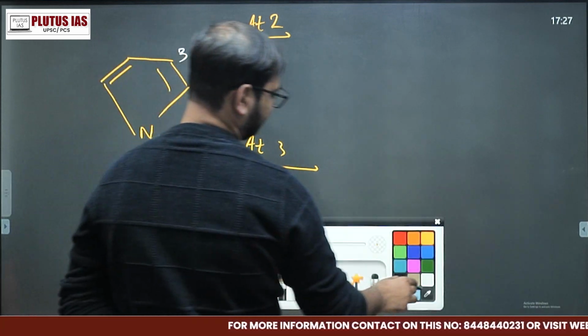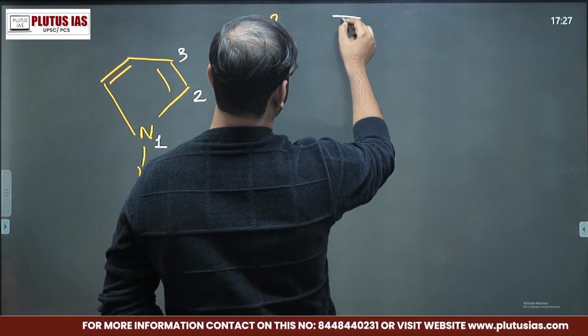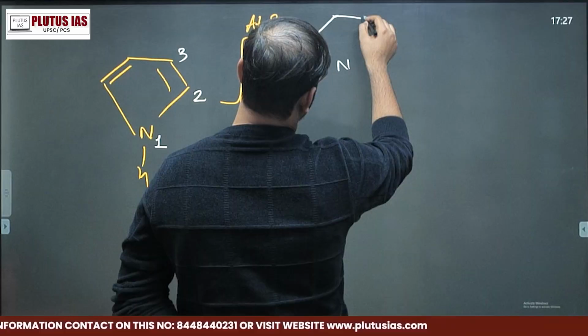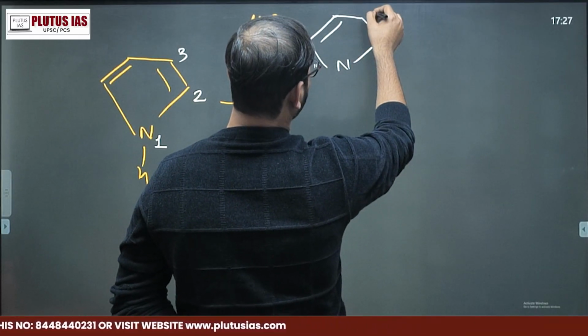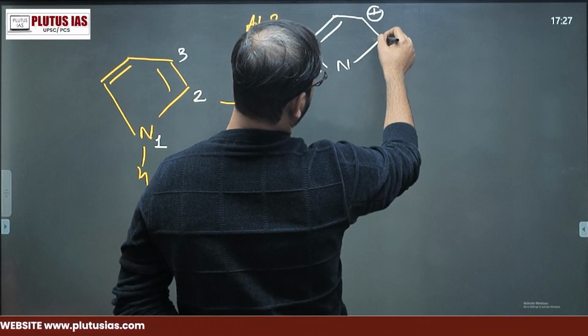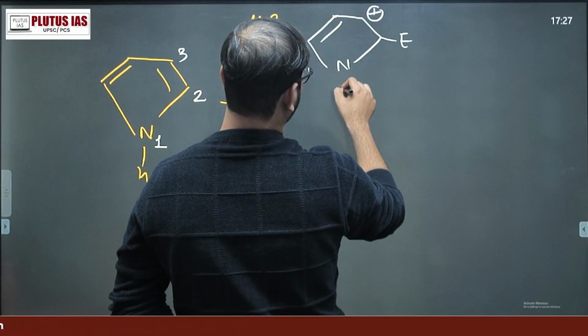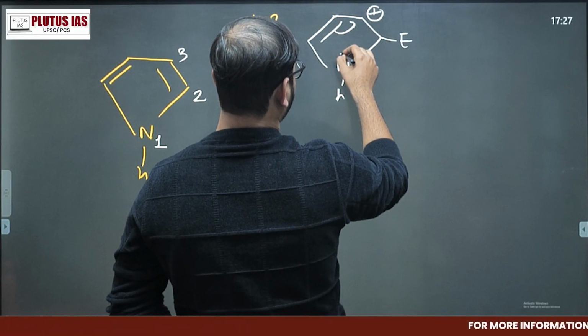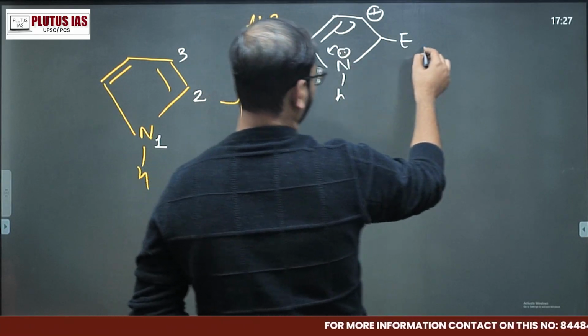If the electrophile gets attached at position number 2, this will be a positive charge, the electrophile would be here, stabilized by the lone pair here.